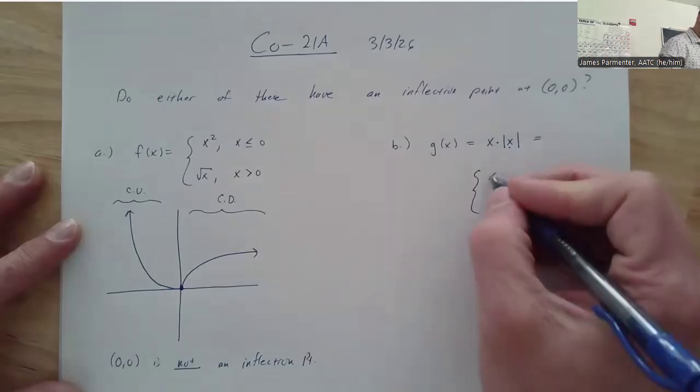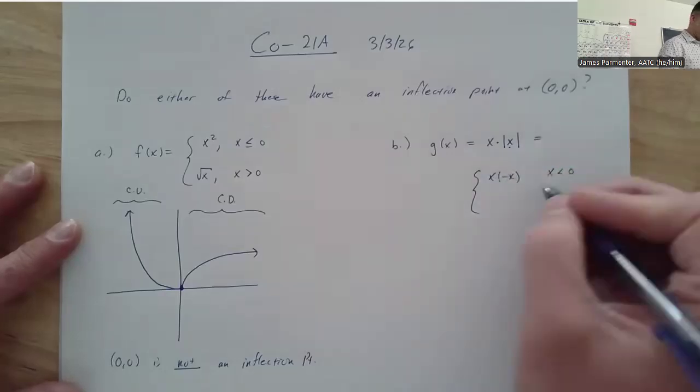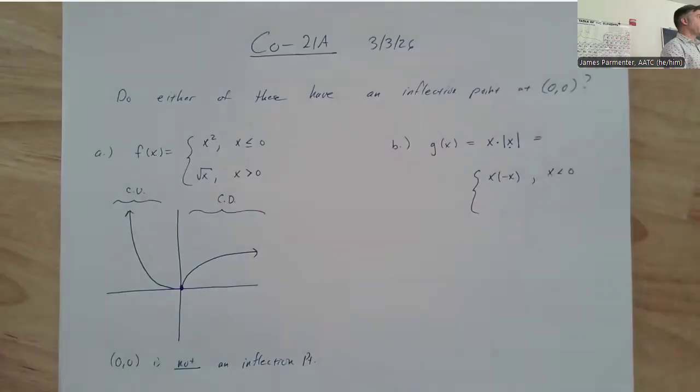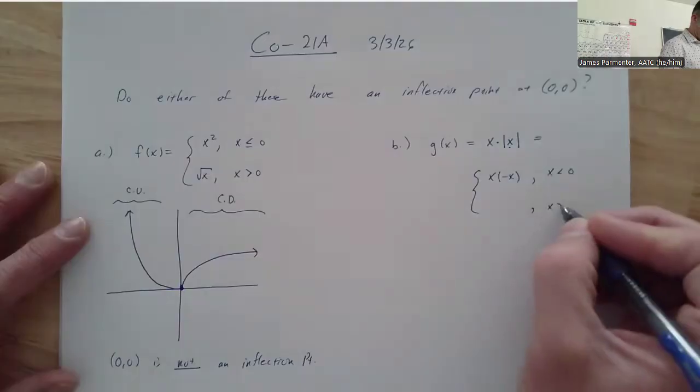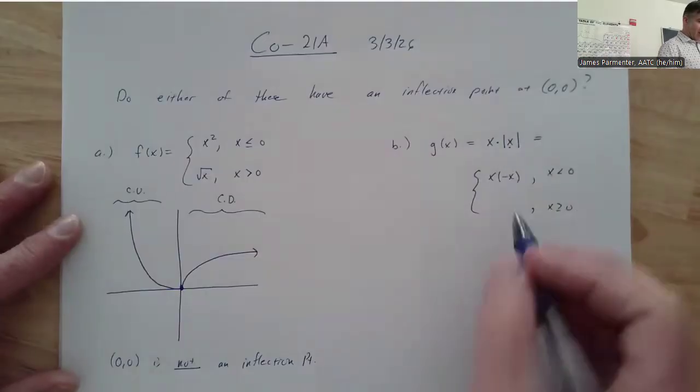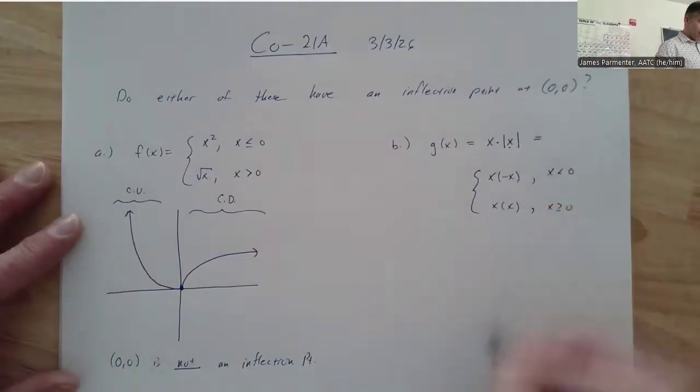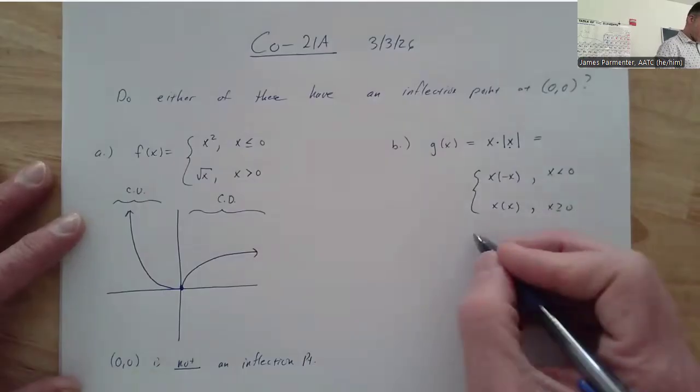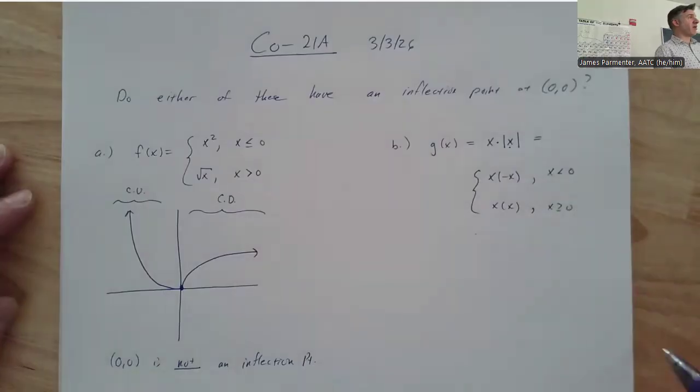So you get x times negative x when x is negative. If x is positive or 0, the absolute value of x is just x, and you get x times x. So this graph looks like negative x squared on the left side and positive x squared on the right side.